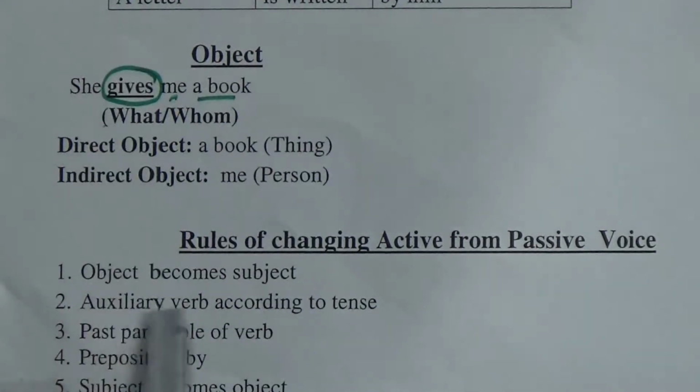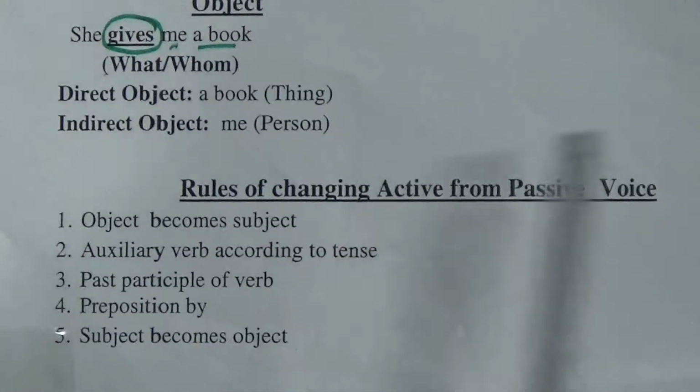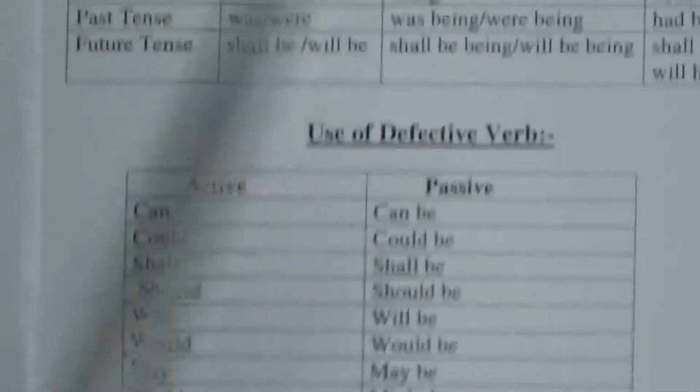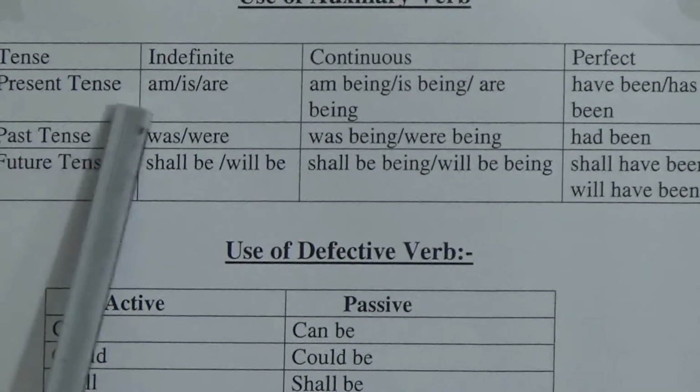Okay. So rules of changing active to passive voice. First, object becomes subject, auxiliary verb according to tense, past participle of verb, preposition by, subject becomes object. So this rule is very important for changing voice. So let's go to the use of auxiliary verbs. This one is also very important. Present indefinite tense: we use auxiliary verb am, is, are.